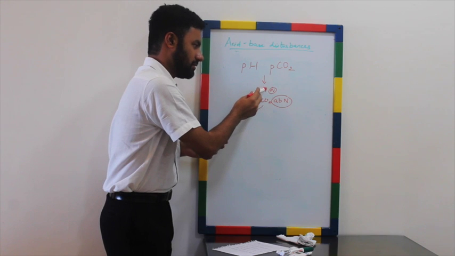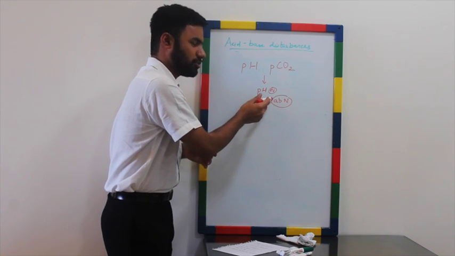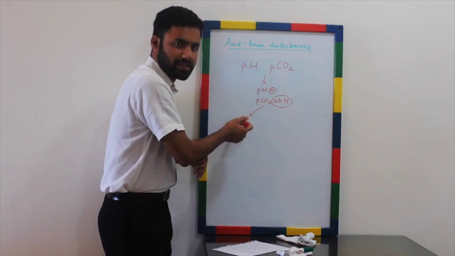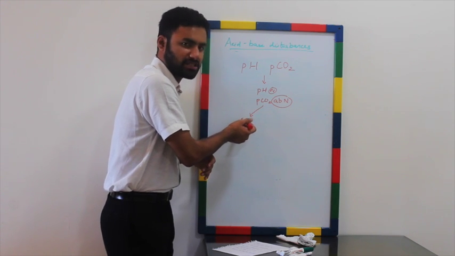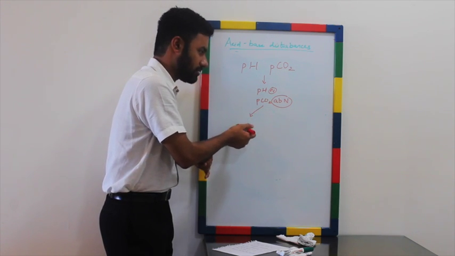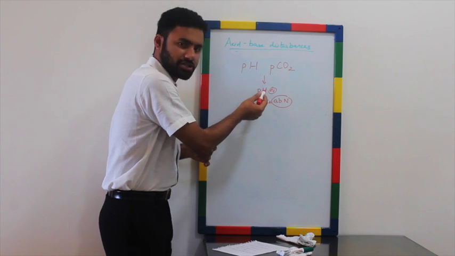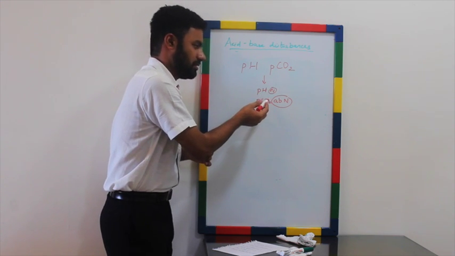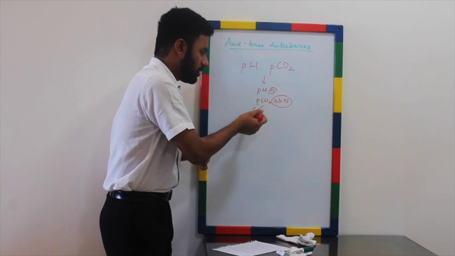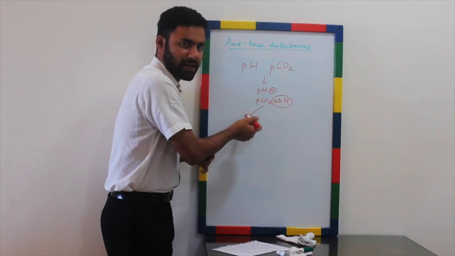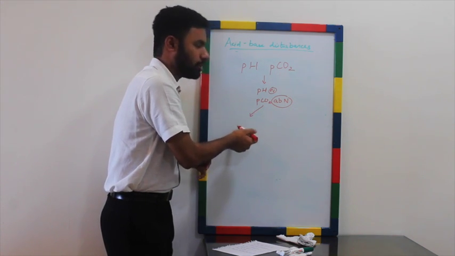So, if you have a normal pH and PCO2 being increased, you will have a mixed respiratory acidosis and metabolic alkalosis. Similarly, if you have a normal pH with a decreased PCO2, you will have a mixed respiratory alkalosis and metabolic acidosis.